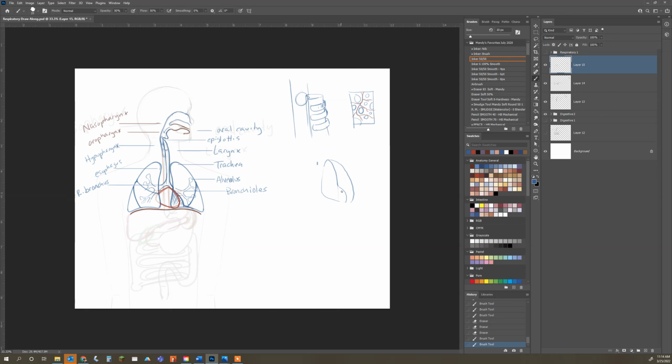You get this kind of thing going on, and the heart sits tucked down in here, and the blood vessels enter both lungs this way. Pardon me. Enter here to an area called the hilum. So then the blood supply runs all through the lungs and the capillary beds, and that's again up here where all that oxygen exchange takes place.